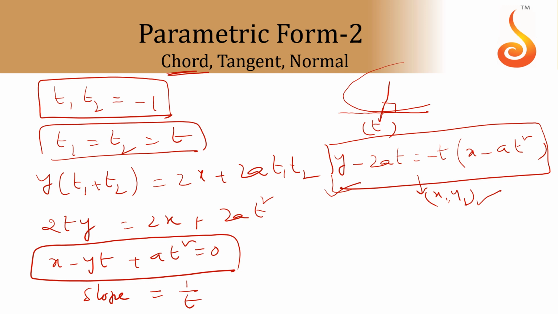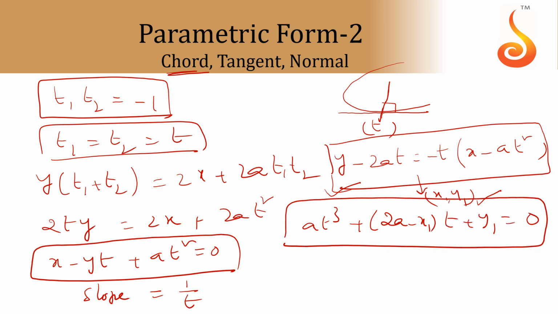So if I substitute x1, y1, I will get a cubic equation in t: at cube plus (2a minus x1) into t minus y1 equal to 0.